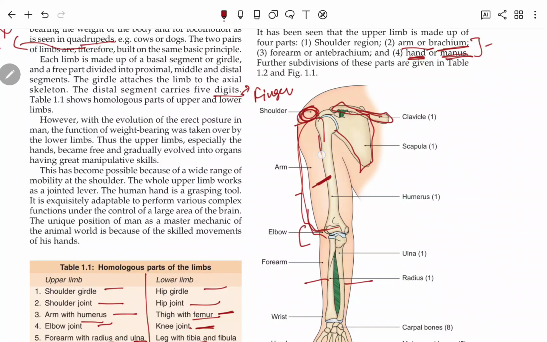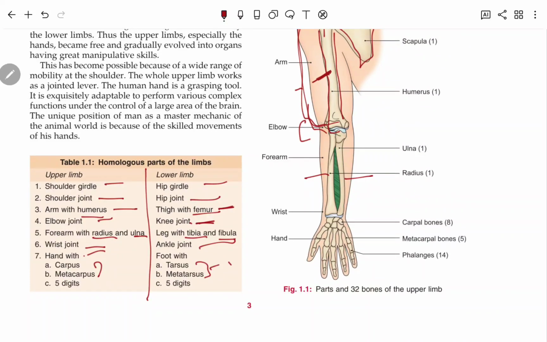In the arm we have the humerus, a long bone. Then we have the elbow joint, with the ulna bone and radius bone. The radius is on the thumb aspect, wherever the thumb is. Radius and ulna are present in the forearm.